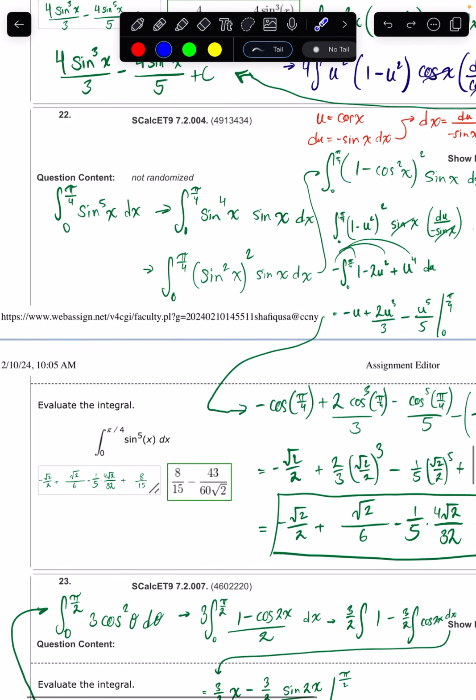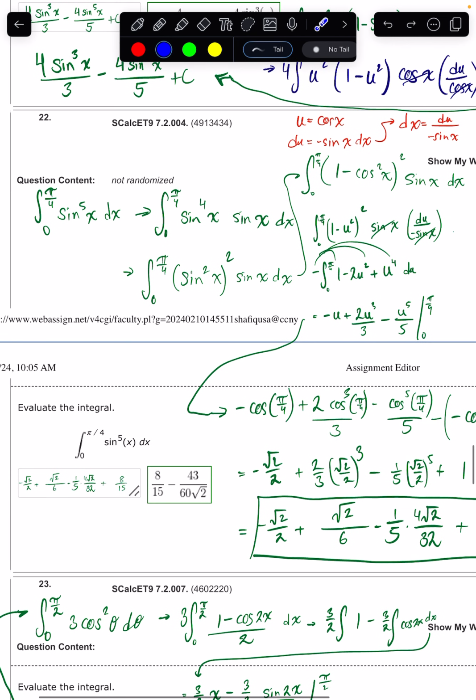Okay, so you have sine to the 5th x dx. You can break that up again. Remember, if you have these by itself, or even if it's cosine to the 5th x, you want to save one on the outside, because we know that sine and cosine just alternate between each other, and they're repeated functions.